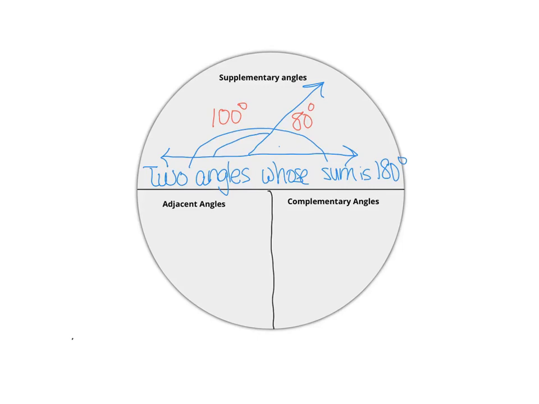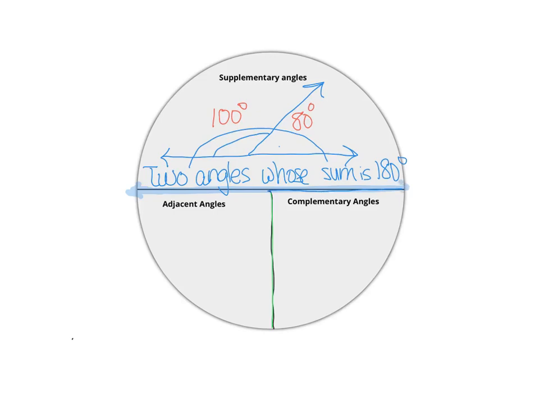Alongside of supplementary angles are complementary angles. And complementary angles have a similar type definition, and there's a reason why we have the graphic organizer the way that we do. See how the supplementary angles take up this top half. So if I had a circle and I cut this circle into two parts, then this top half would be 180 degrees, because all the way around is 360.